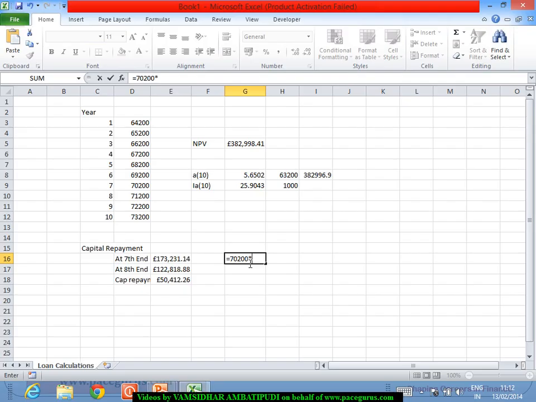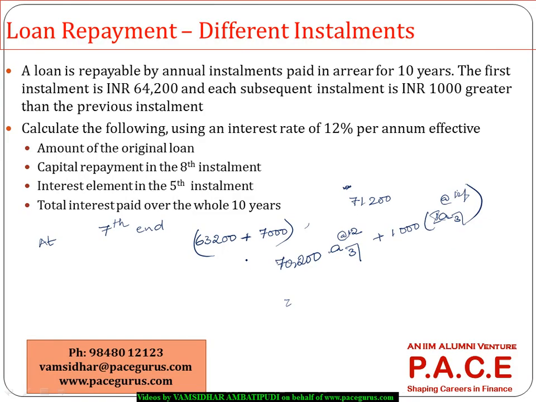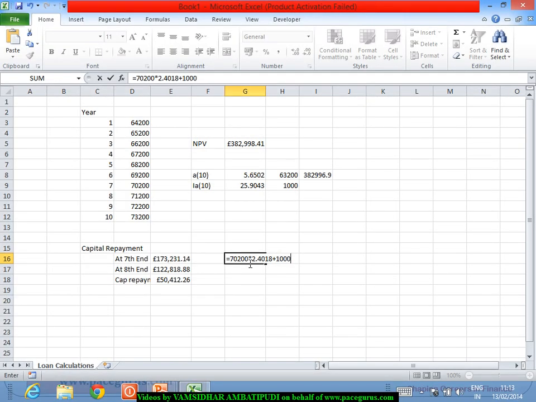What is the A3 for 12%? A3 for 12% is 2.4018. 2.4018 plus 1000 times the IA3. IA3 again for 12% is 4.6226. So again the same numbers more or less, rounded off things.